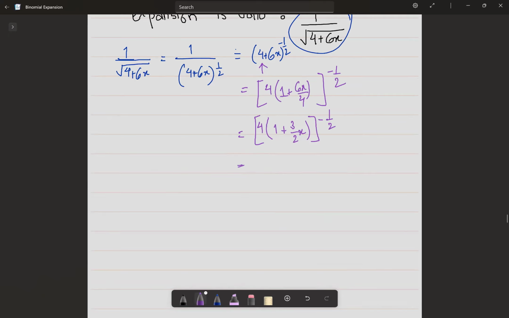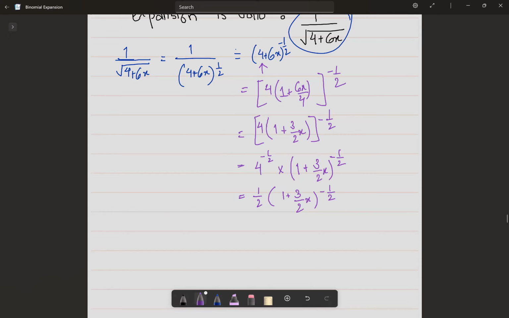So we will do that. We have 4 to the power of minus half and 1 plus 3 by 2x to the power of minus half. Now 4 to the power minus half from your calculator is going to give you only half. So you will get a half in here and you have 1 plus 3 by 2x to the power of minus half in here.